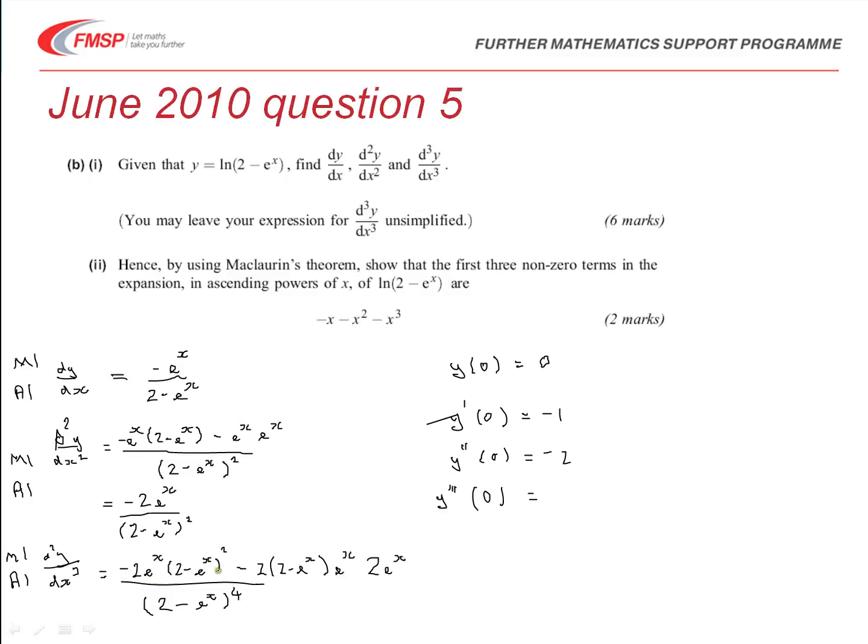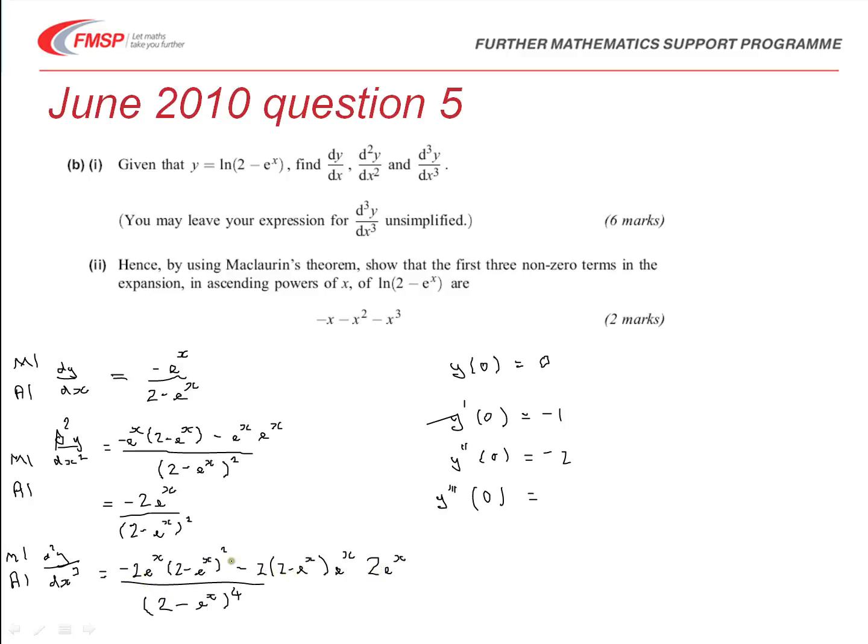So all told, we've got minus 2 times a 1, and it's minus 2 times 1 times 2, so that's a minus 4.